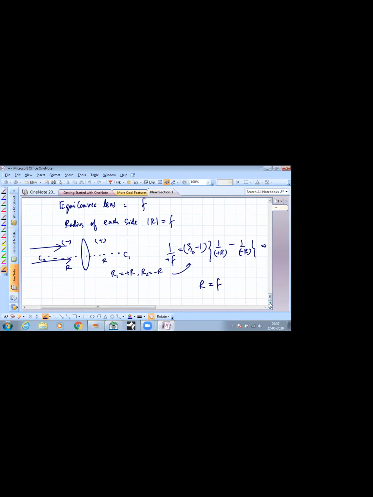Now in this particular question, you have these two symmetric biconvex lenses which are kept in contact. Let's say they're like this, actually in contact, and in between there is water.